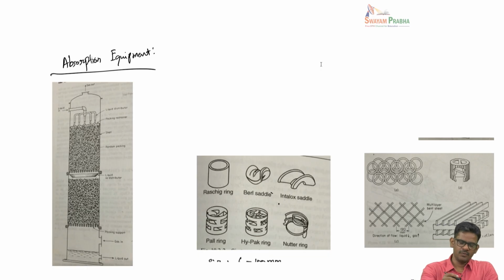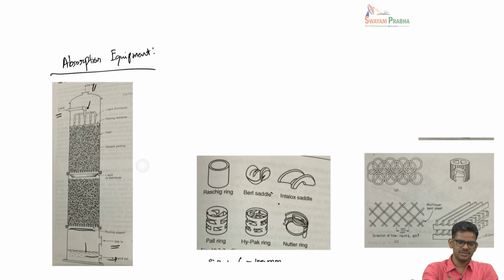Typically, the gas enters from the bottom and then leaves at the top, and you can see there is a small grate here that allows distribution of the gas into bubbles. On the top, a liquid comes in, and there is a liquid distributor sprinkling the water onto the packing, and then the liquid is collected as a pool here and then drawn out.